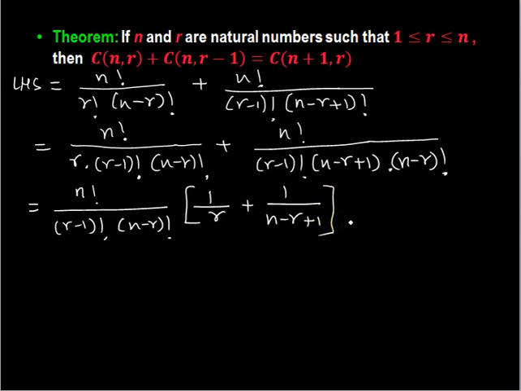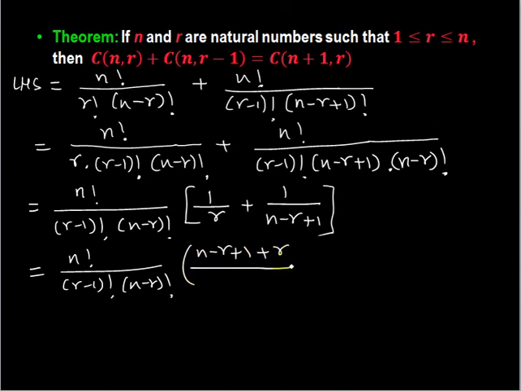Now take the LCM and see what we get. We get n factorial over r minus 1 factorial into n minus r factorial, multiplied with n minus r plus 1 plus r, divided by r into n minus r plus 1.